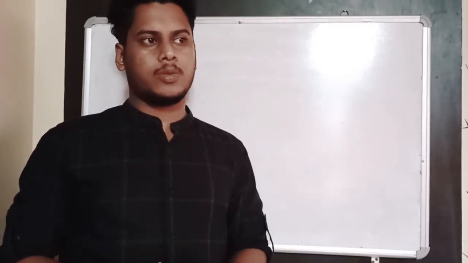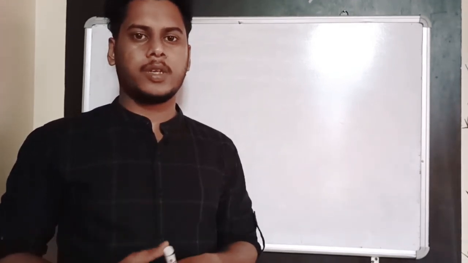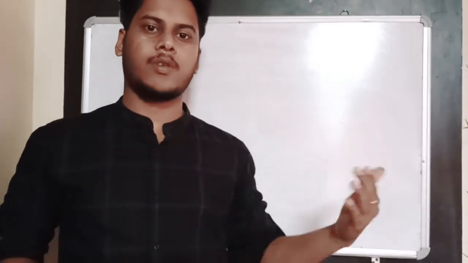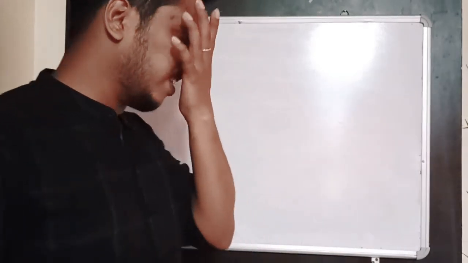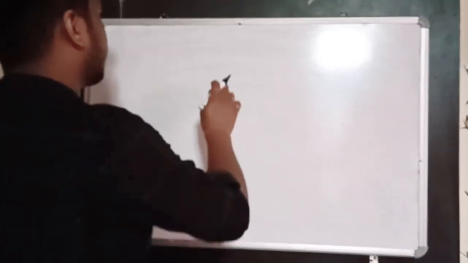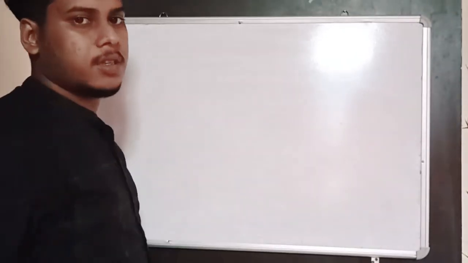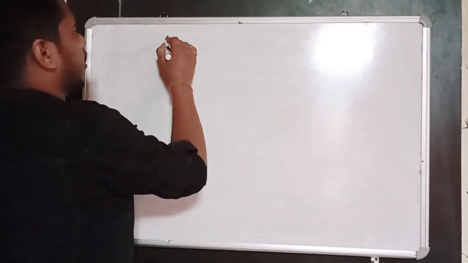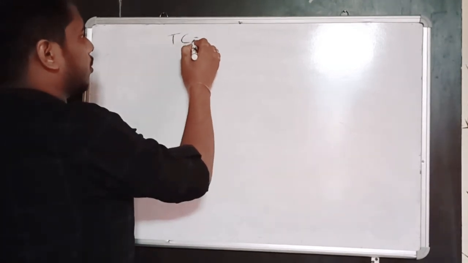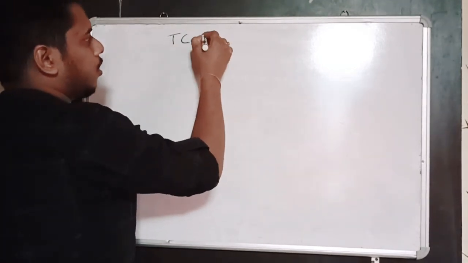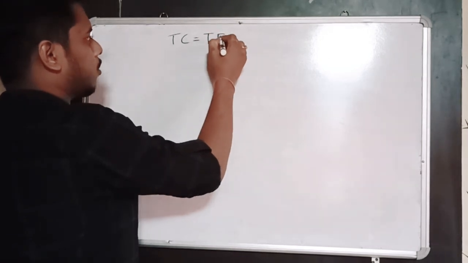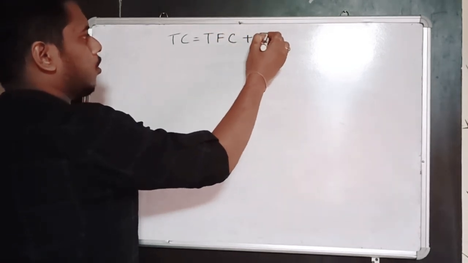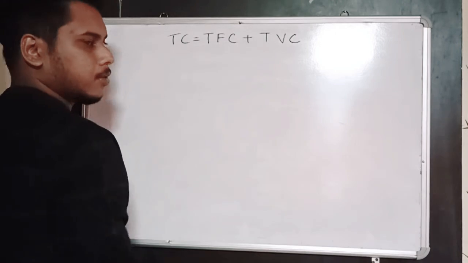So we will try to understand the reason behind the shapes of cost curve and how to derive them. We have already studied in our HS class that total cost is the summation of total fixed cost plus total variable cost.